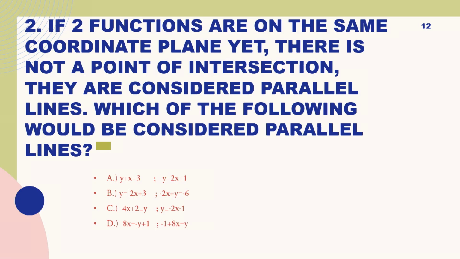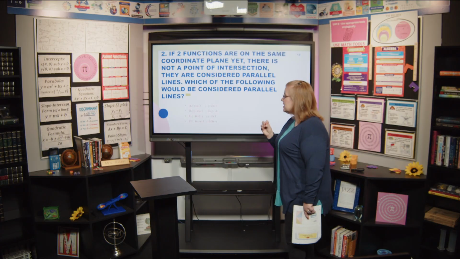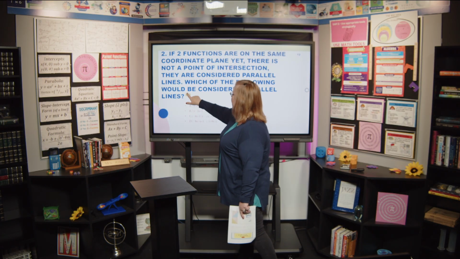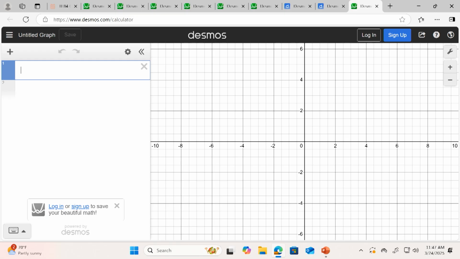If two functions are on the same coordinate plane, yet there is not a point of intersection, they are considered parallel lines. Which of the following would be considered parallel lines? Now, the best way to do this is to pull up Desmos. So let's go ahead and put all of our sets in there.